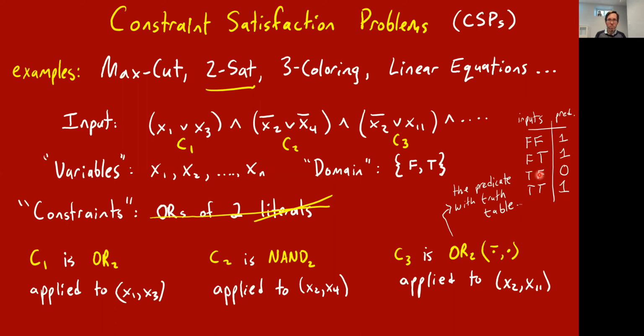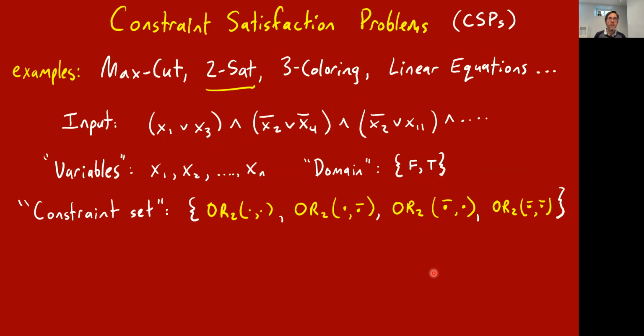But I think what's best is to think about it like this: in 2-SAT, there are 4 kinds of constraints you might have. Each one is like the OR constraint on 2 variables, except that you're allowed to have negations on inputs. So instead of making a literal a first-class object, I just want the variables to be first-class objects and talk about changing the constraints.